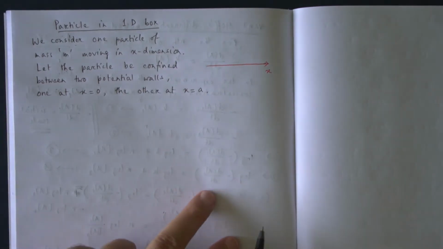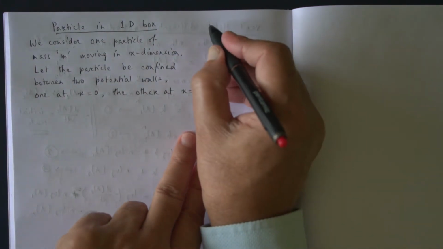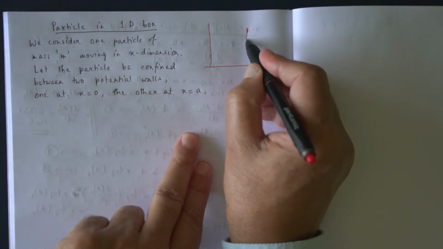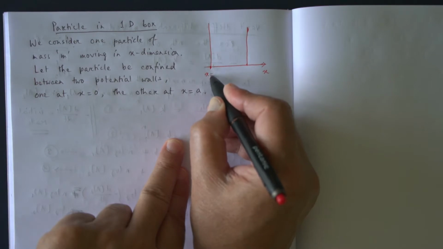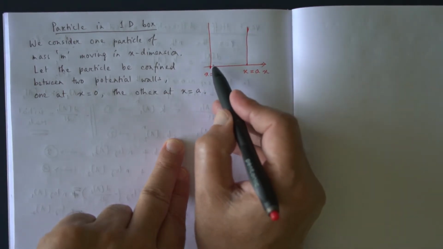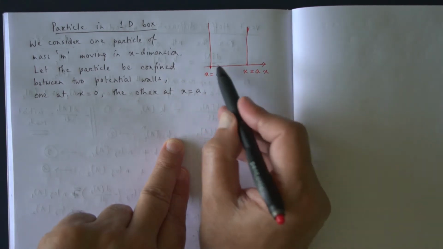So as if these are the two walls. One wall is at x equal to 0. The other wall is at x equal to a. So the length of the box is a.